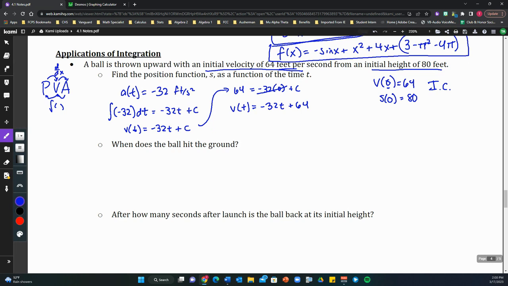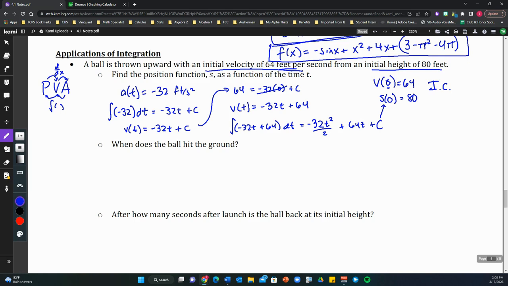Now I can integrate. If I integrate the new velocity function with respect to time again, that would turn into negative 32t squared over 2 plus 64t plus c. But again, now I can use this initial condition.